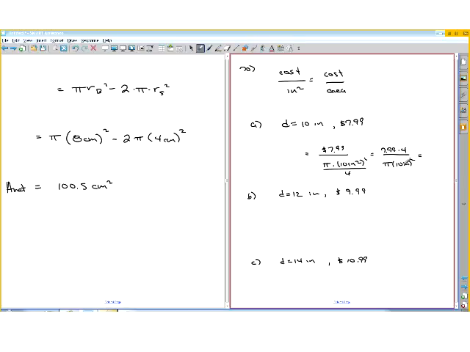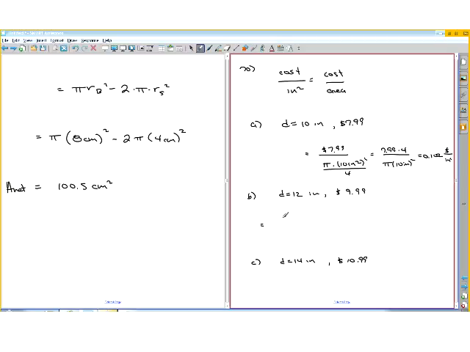So let's see what we get there. $7.99 times 4 divided by pi divided by 10 squared, which is 100. What we get is $0.102 per inch squared. So it's like 10 cents per square inch.